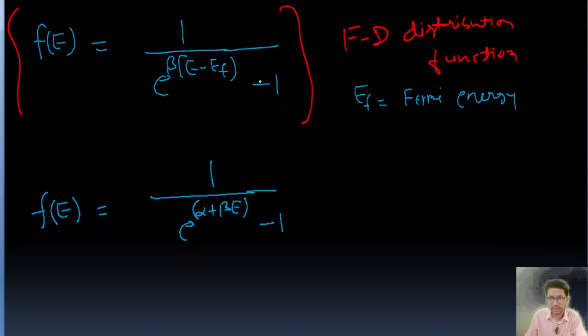This is plus, guys, okay, this is plus. And beta is 1 upon kT, we know, right? Beta equal to 1 upon kT, where k is the Boltzmann constant.